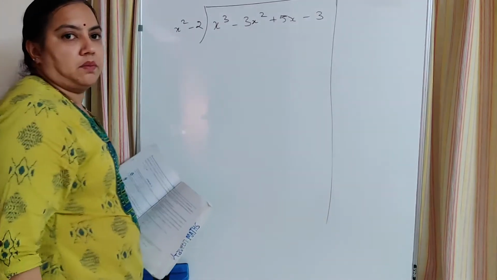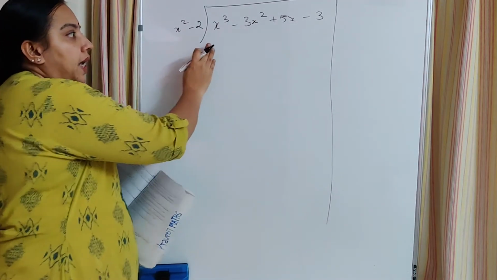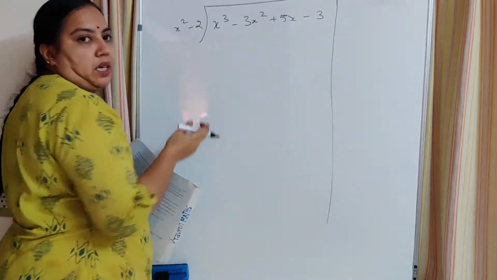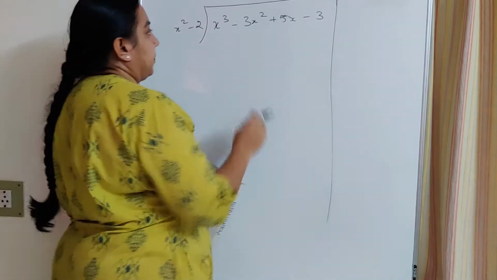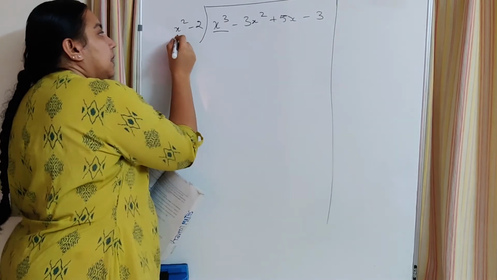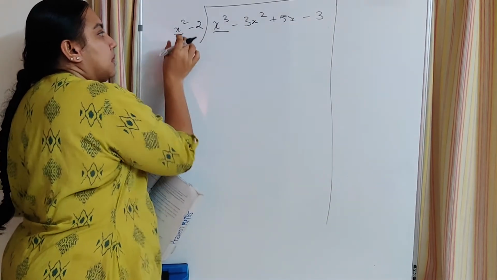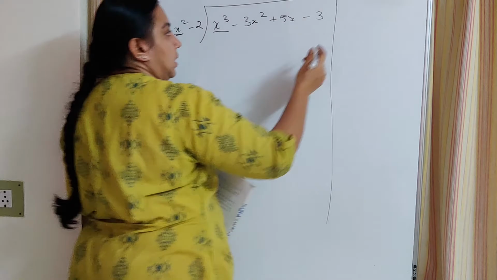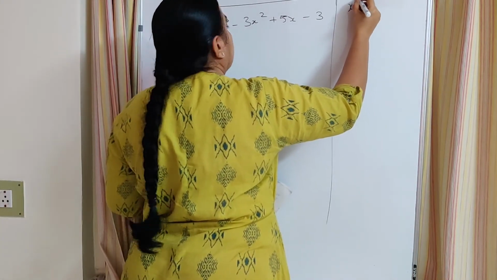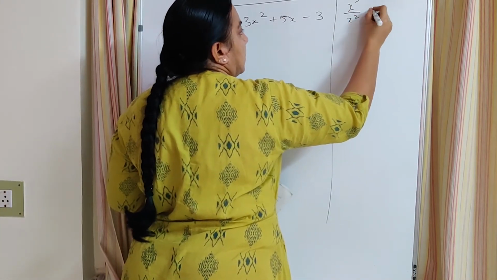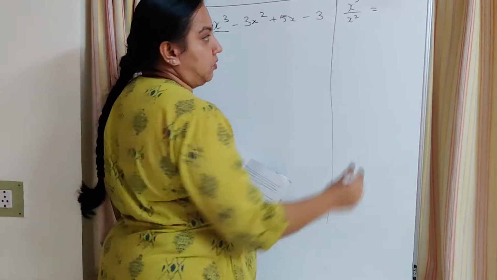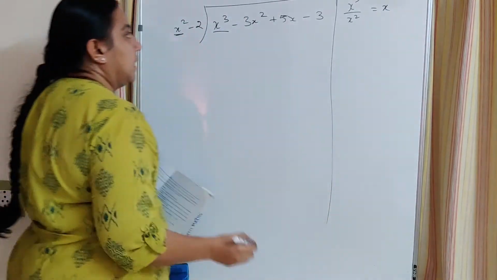Even though I am calling it a rough column, make it as neat as possible. Any mistake you make here is what will hurt you, so maintain it very perfectly. Take the first term divided by the first term, not the other terms, just the single first term alone, along with its symbol. Take care about the symbol. x cube divided by x square gives x.